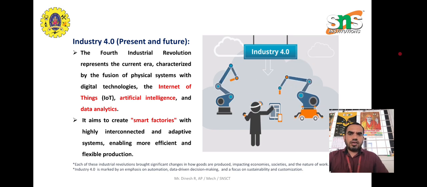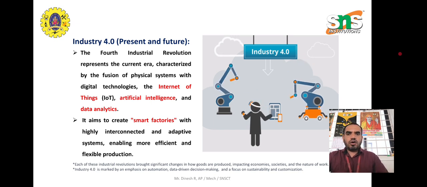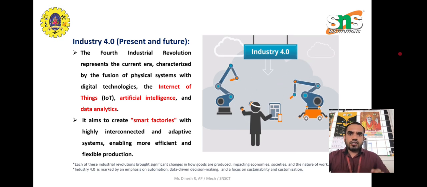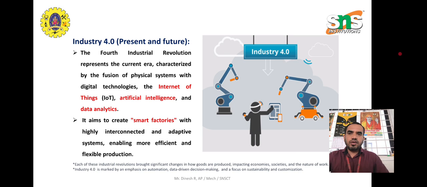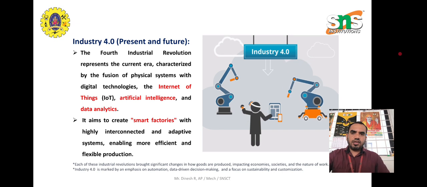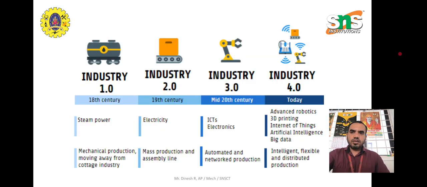There are n number of technologies like cyber security and blockchain technology. The integration of all these technologies is what we call industry 4.0. It is simply called creating a smart factory. That's the main concept of industry 4.0, and we will see each and every one in our next series of videos.